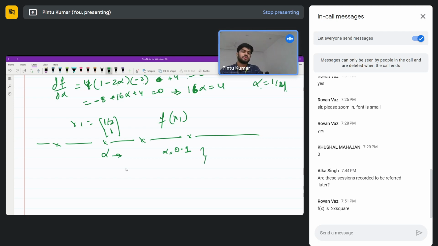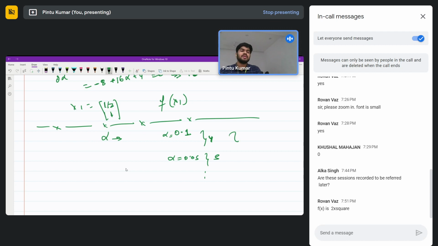Let's say for the first 4 steps of your optimization, first 4 iterations, you stick with the value 0.1, and from the 5th step onward you reduce it to, let's say, 0.05. Okay, and so on. You can keep reducing it, and generally this process works well in practice.